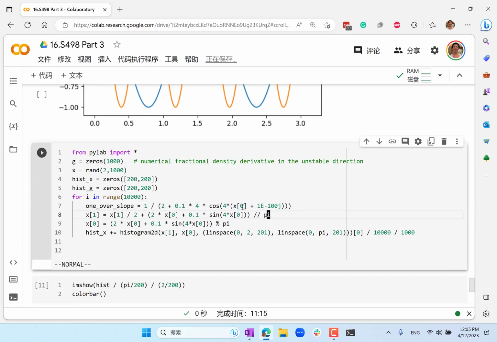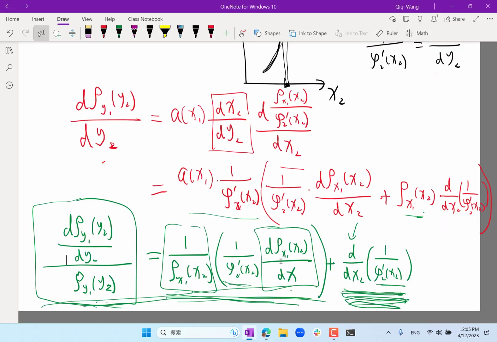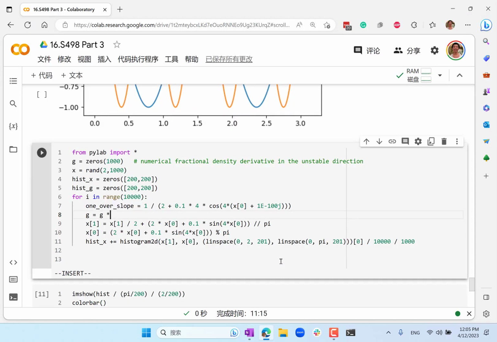So when we evaluate, our g is equal to our previous g multiplied by 1 over slope dot real. So that's the 1 over slope itself. And then plus the derivative 1 over slope dot imaginary divided by e to the minus 100. All right, so that's just the formula for computing g, right?